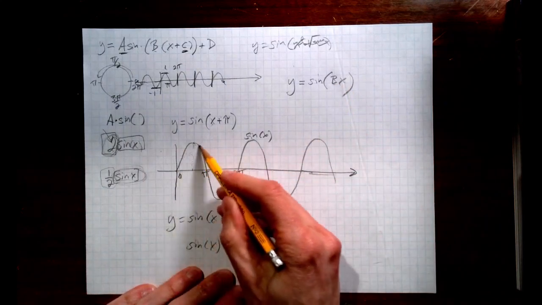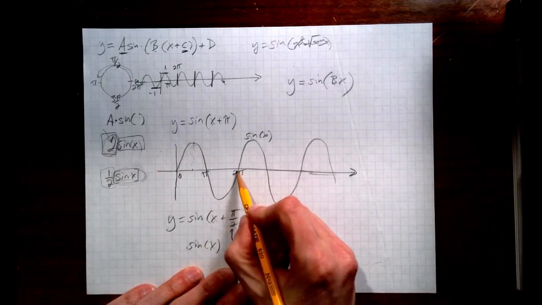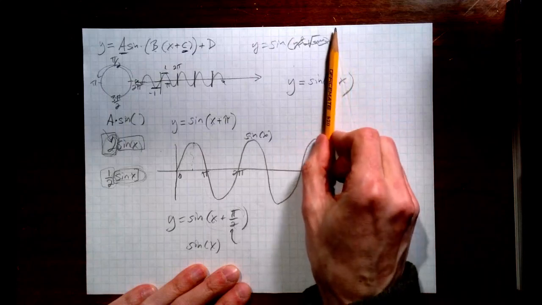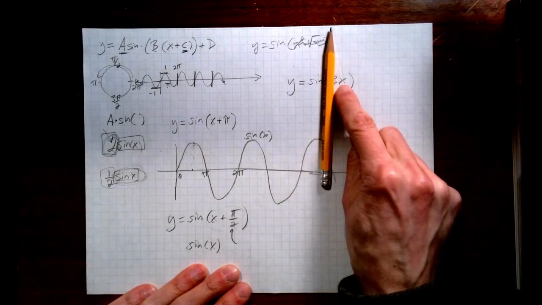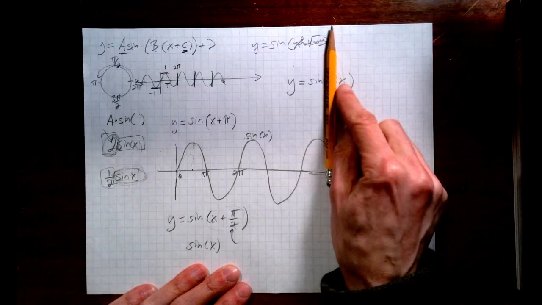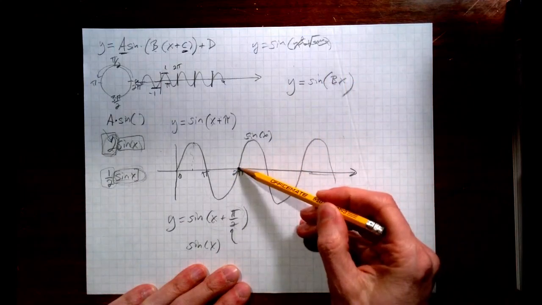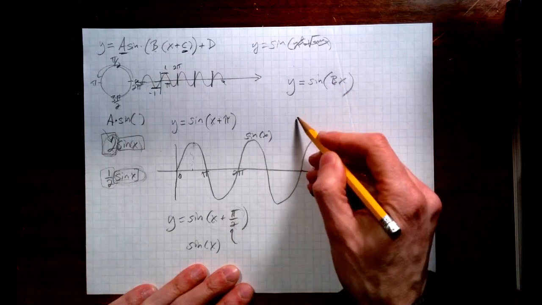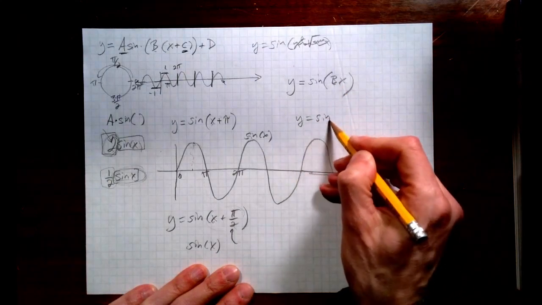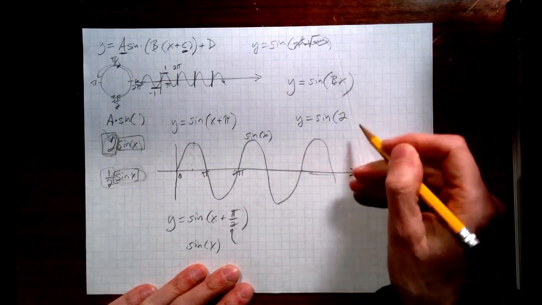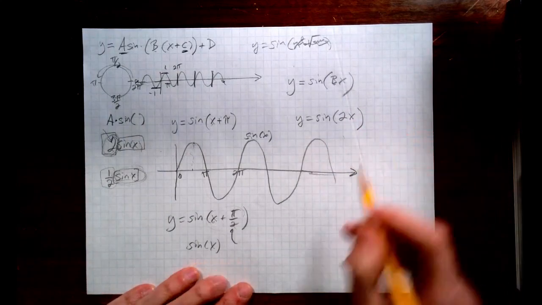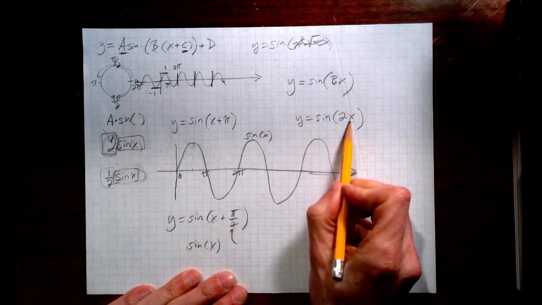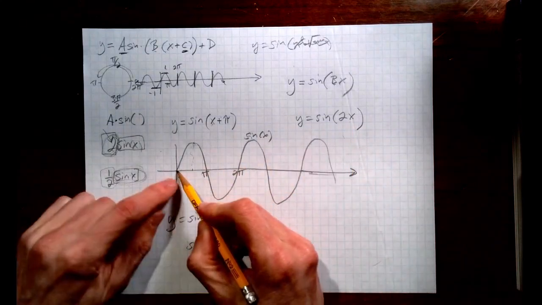So we know this repeats at 2 pi, okay? So if that's not there, when x gets to 2 pi, then we get to this start over point. Let's say I put a 2 here, right? So I'll say y equals sine of 2x. Now, if I put 0 in here, this will still be 0. So everything will start here.